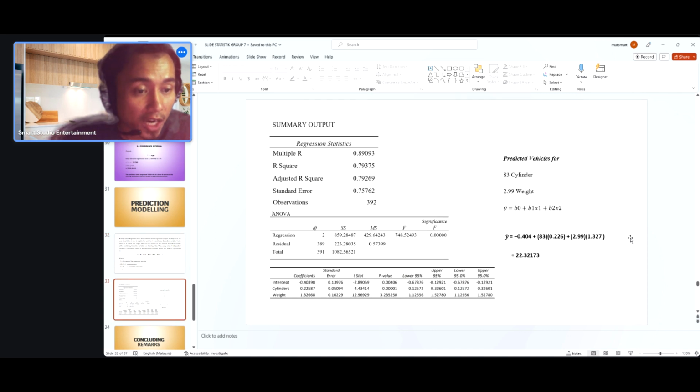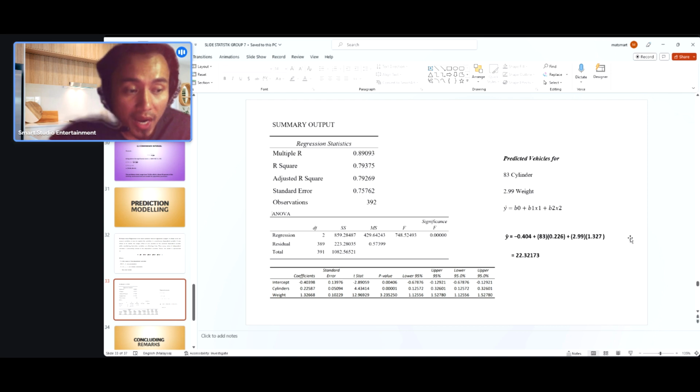There's a summary output, a regression statistic. You look at that, predict a vehicle for 83 cylinder, 2.99 weight, y equal to b0 plus b1 x1 plus b2 x2.